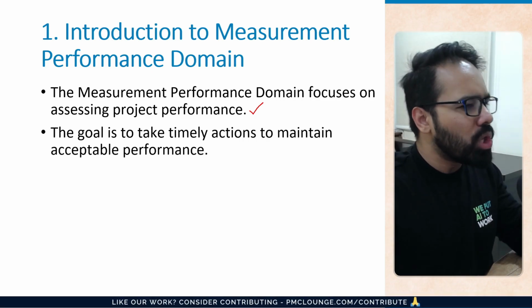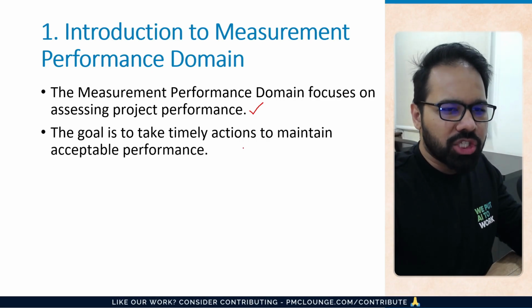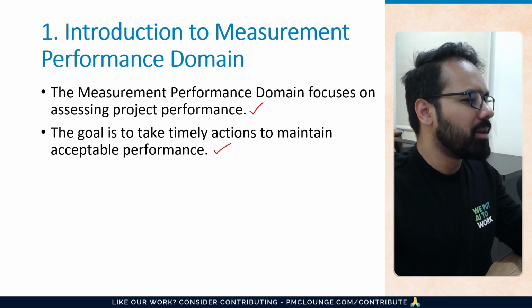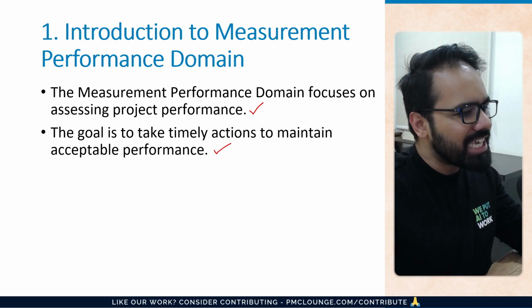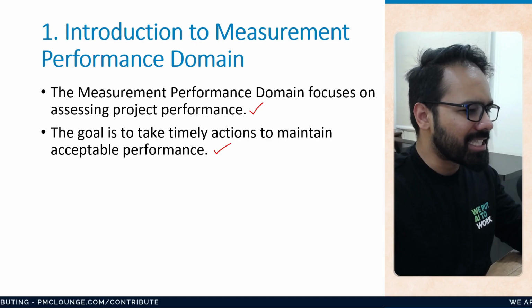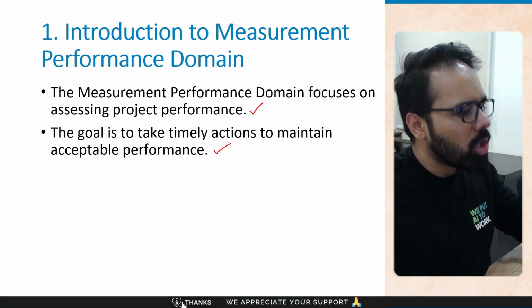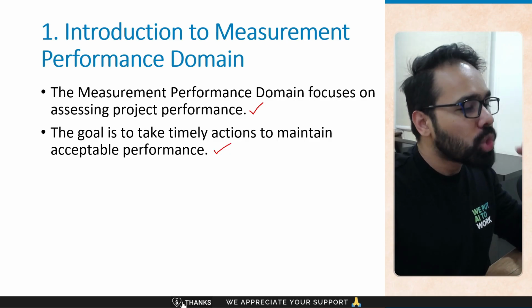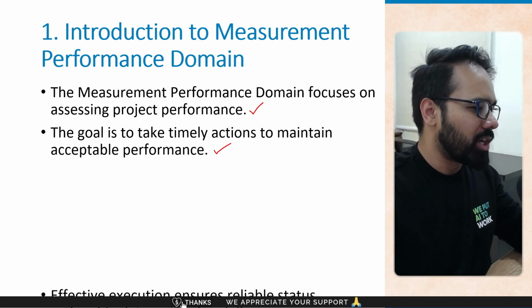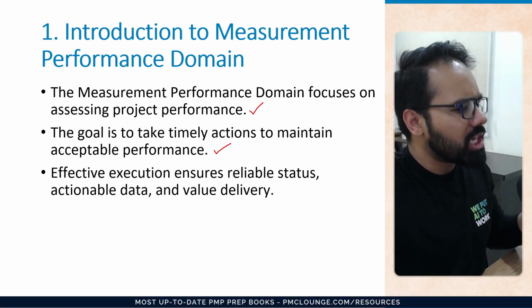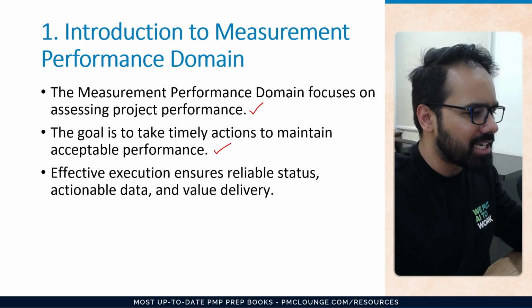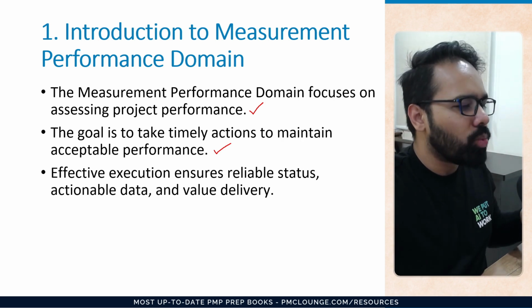Now, the goal is to take timely actions to maintain acceptable performance. If we see issues like delays in testing or a growing backlog of unresolved bugs, we act quickly so the project stays on track. Effective execution ensures reliable status, actionable data, and value delivery.